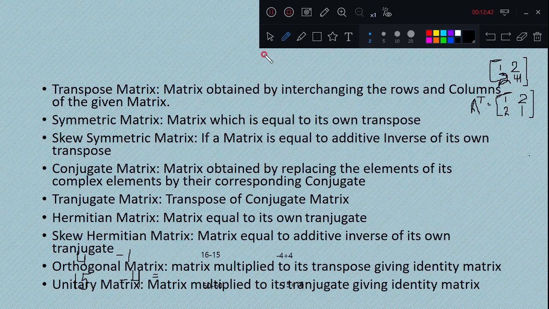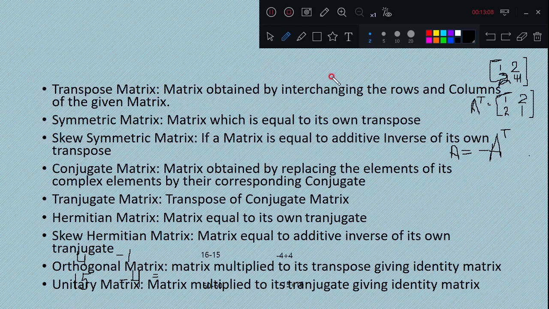Now a skew-symmetric matrix is a matrix equal to the additive inverse of its own transpose. That means A will be equal to minus A^T. Additive inverses have a property: when they get added, they give you a zero matrix.